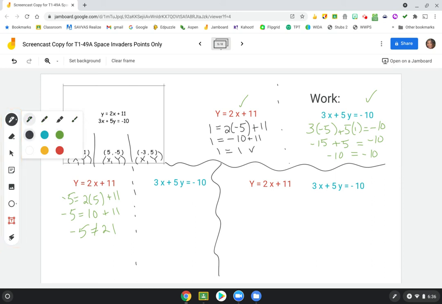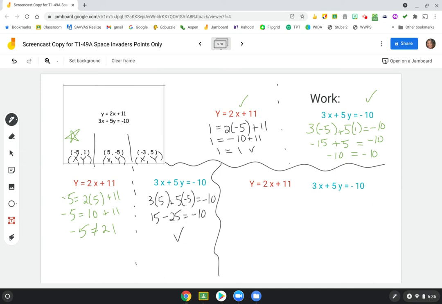The next one, I have 3 times 5, which is 15, plus 5 times negative 5, which is negative 25, and 15 minus 25 is negative 10. So although the point (5, -5) is on line 2, it wasn't on line 1. So this is not the solution. And then if I double check this last one, I have 5 equals 2 times negative 3 plus 11.